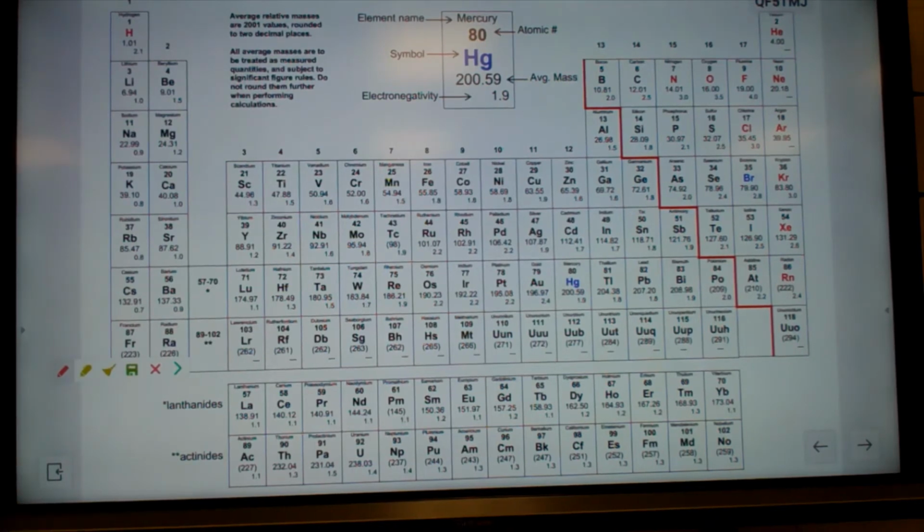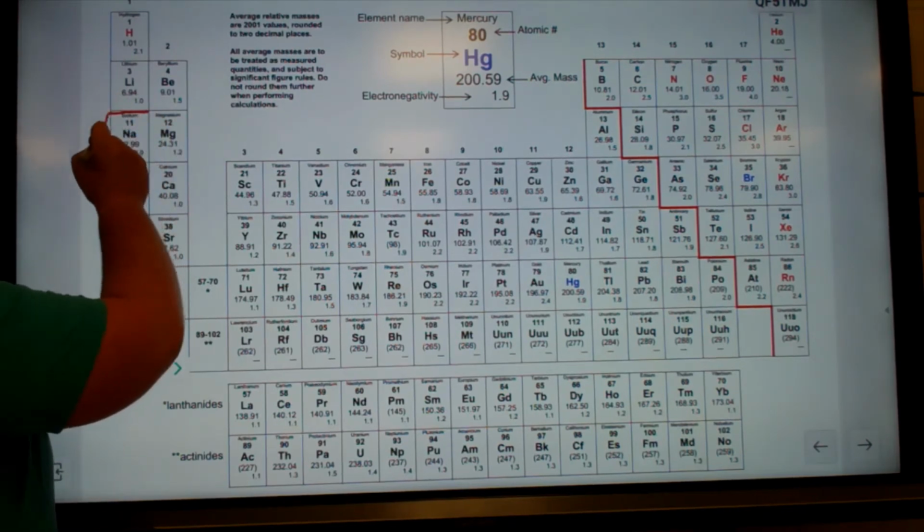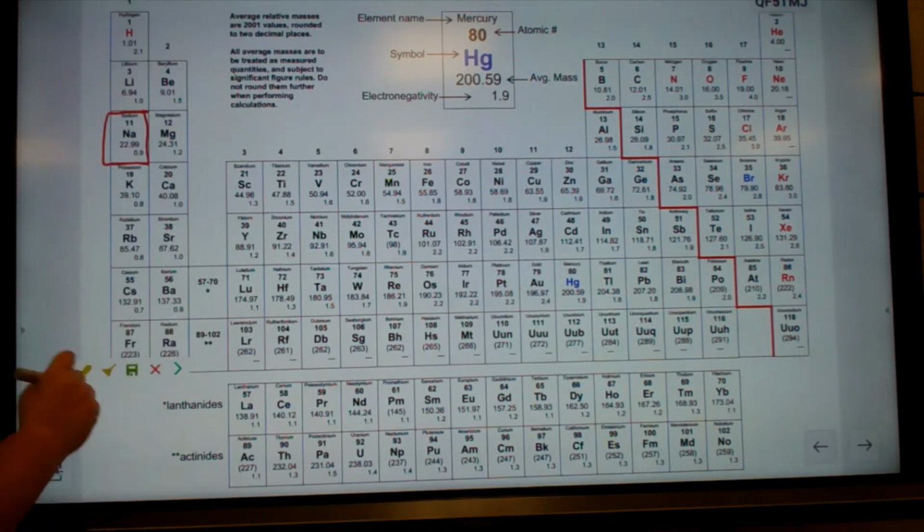Every time you start somewhere, this is what I'll do. So remember sodium? You should have it on a piece of paper right now, but I have it on the board behind the camera. I find where sodium is on the periodic table. That is my stopping point.